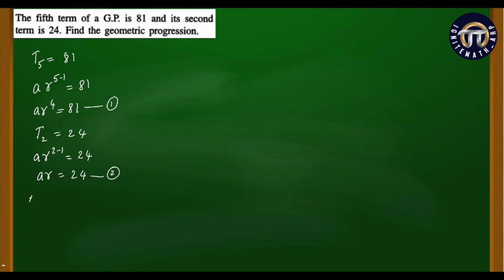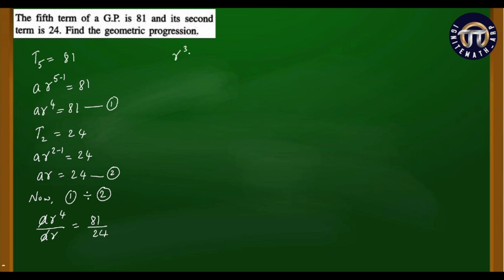So now what do I do? Now I can do equation 1 divided by equation 2. When I do equation 1 divided by equation 2, I would get A R to the power of 4 by A R is equal to 81 divided by 24. Clear, children? So A will get cancelled. 1 R and 1 R will get cancelled over there.